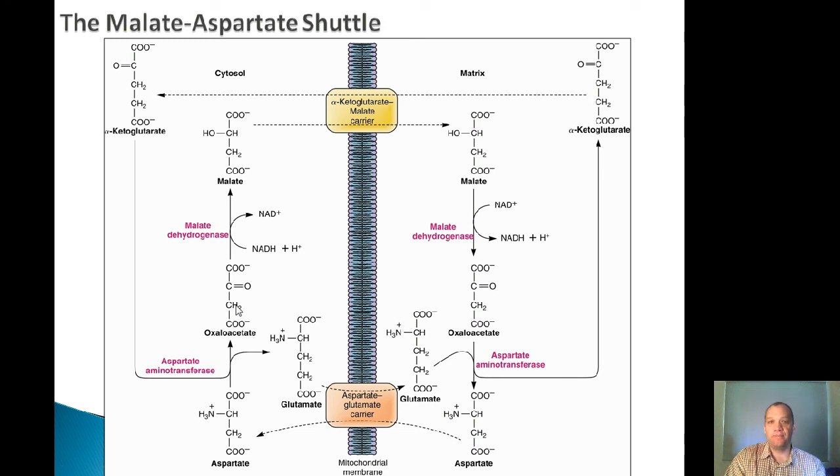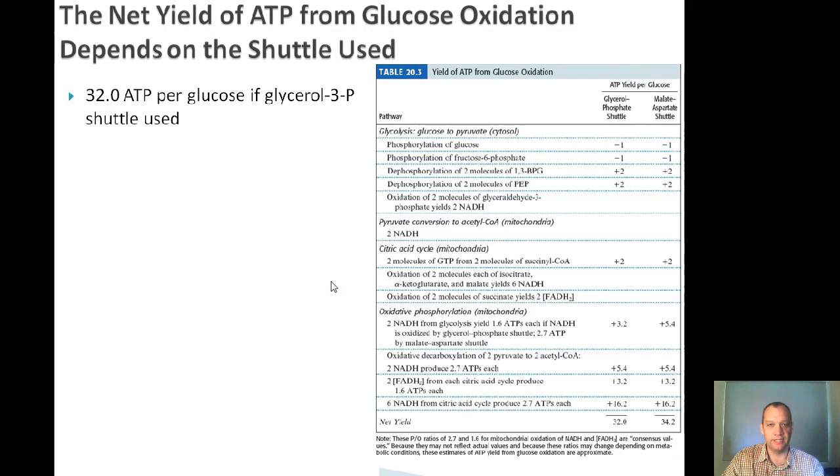So in this way, cytosolic NADH is actually turned into mitochondrial matrix NADH, which means we don't lose the ability to translocate the maximum amount of protons across the membrane. Whereas for the glycerophosphate shuttle, we actually bypass complex 1 of the ETC, which is of course one of the points where protons can be translocated.